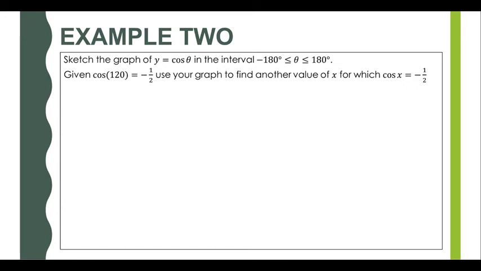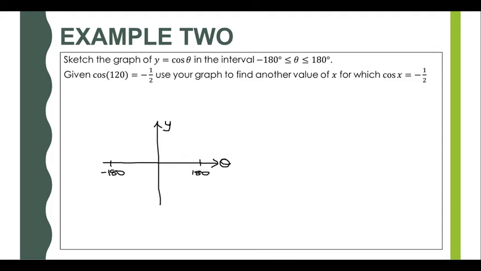We're now asked to sketch the graph of cos theta in the interval minus 180 to 180. If we draw our axis, again we've got y and theta on our axis, and this time we're only interested in minus 180 to 180.